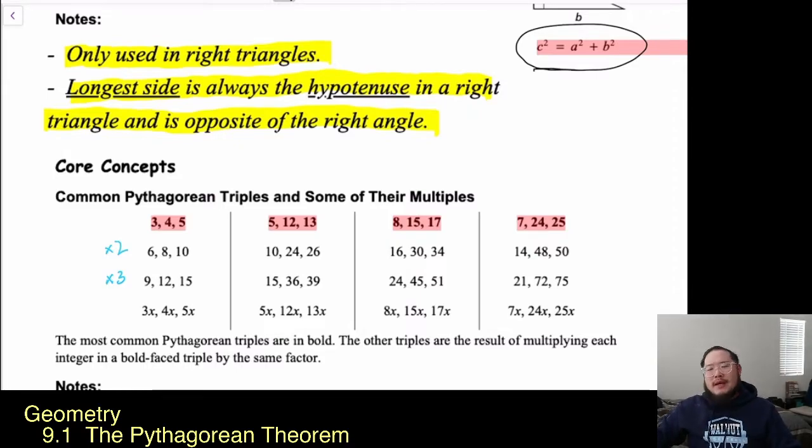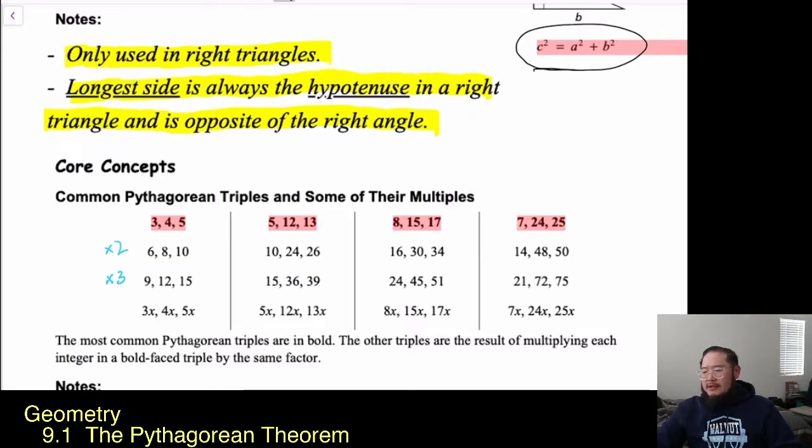We start with the basic 5, 12, 13, another very commonly used Pythagorean triple. And then you multiply each number by 2, you get 10, 24, 26. You'll see that one quite often too. And then we have 15, 36, 39, by taking 5, 12, 13 and multiplying each number by 3.